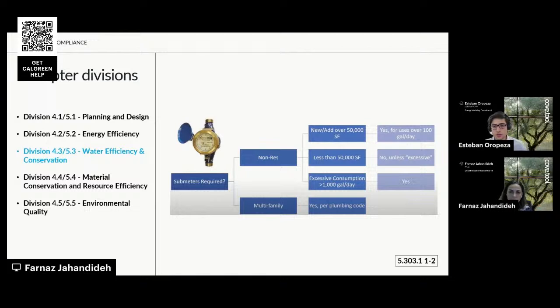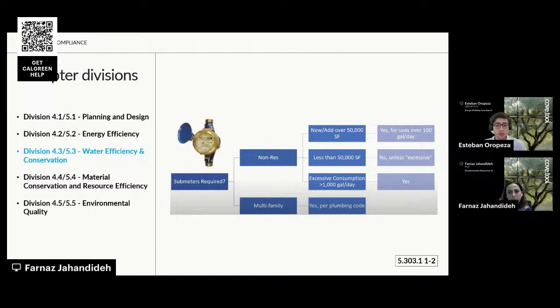If it's less than 50,000 square feet, you don't need to submeter unless the use is considered excessive, and excessive consumption is a use of 1,000 gallons per day.